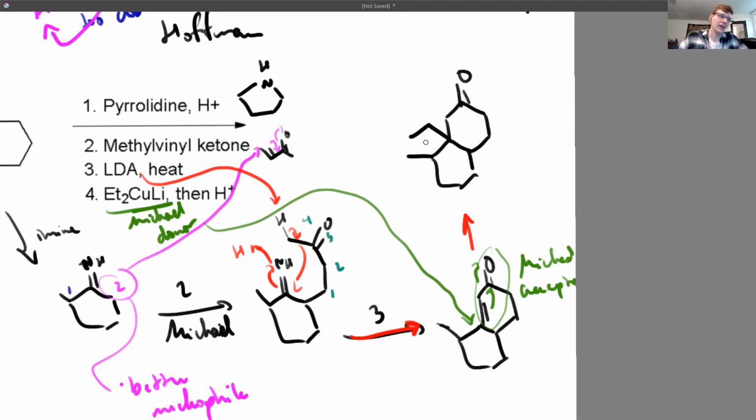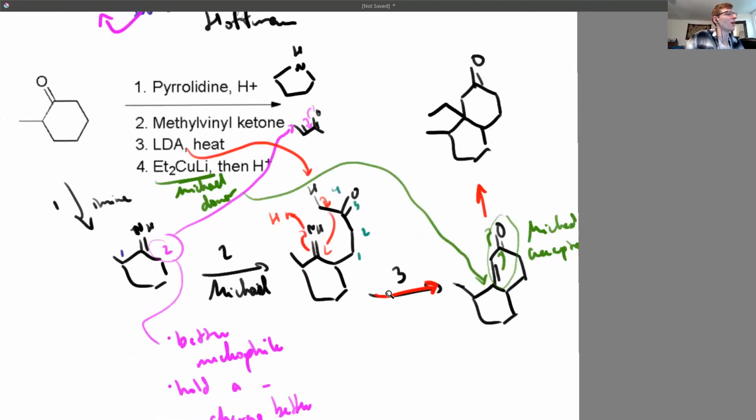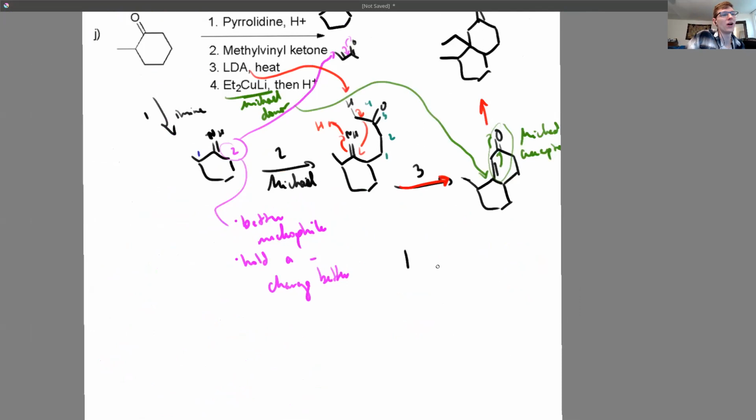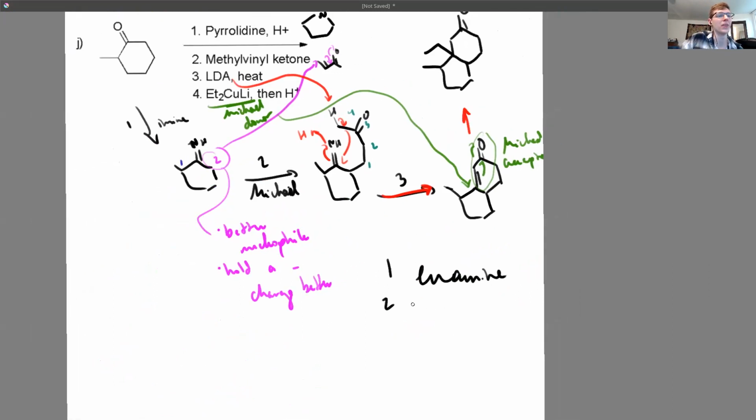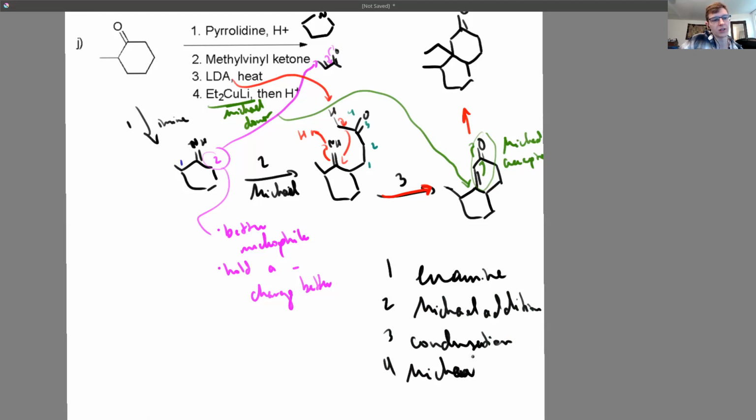Cool. Okay. So I guess walking back through that. So one, we made an enamine. I guess an imine, but they're sort of the same. Step two, we did Michael addition. 3, we did a condensation. 4, we did Michael addition again.